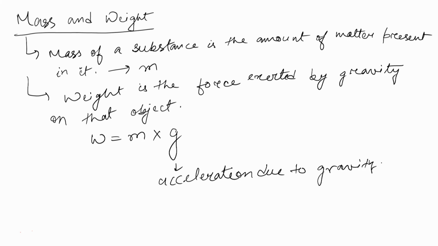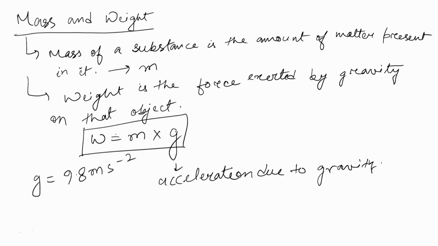The standard value of g is equal to 9.8 meter per second square. So this is the expression for weight. Now we will derive the unit of weight from the unit of mass.